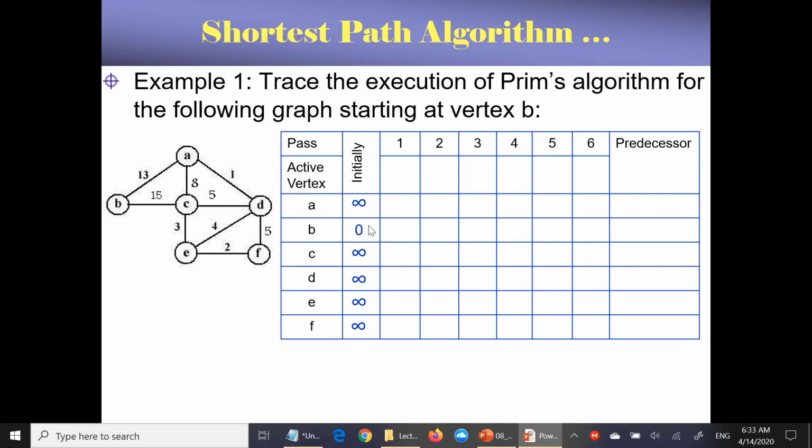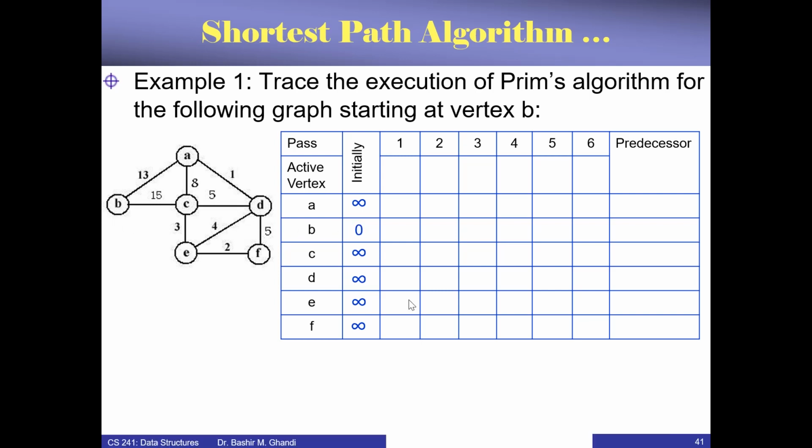Okay, so first step, obviously 0 is the smallest of these, so we're going to finalize vertex B. There is no other way of reaching B that is less than 0. So the next step therefore is to finalize B with this value of 0.